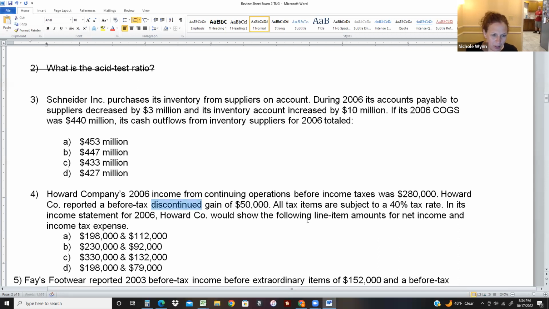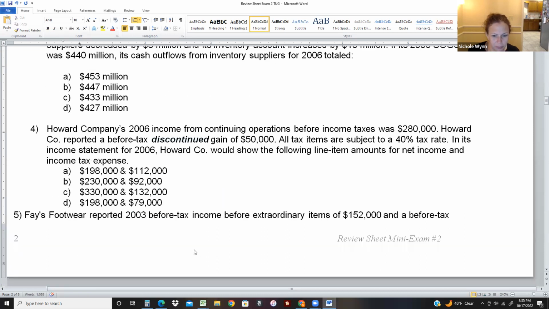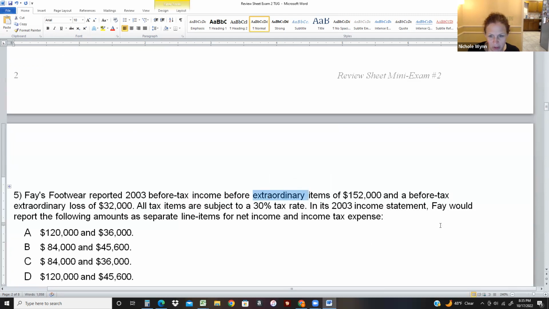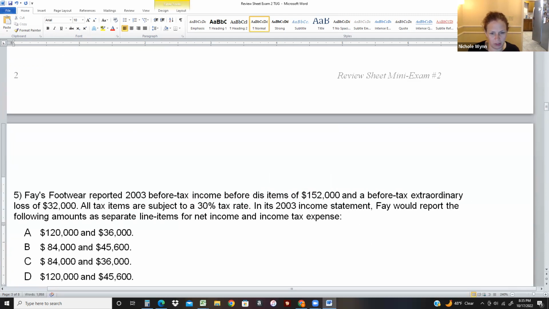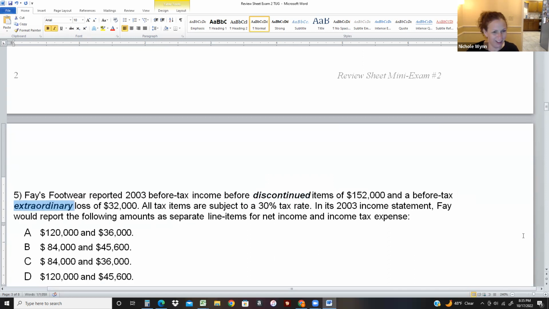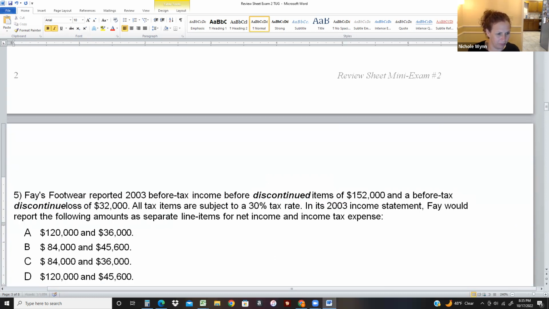So I just changed that wording so that you can practice with this one if you want to. Same thing on this one, just change it to discontinued. And discontinued. So that you can use these to practice.